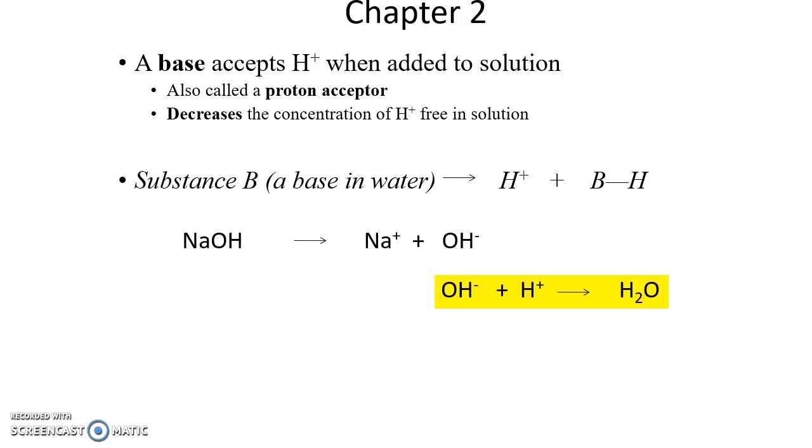So they're referred to as proton acceptors. So for instance, sodium hydroxide here will dissolve into sodium ions plus hydroxide ions. Then the hydroxide ion plus the hydrogen ion leads to water. So bases produce proton acceptors, things that will bind to free hydrogen ions.